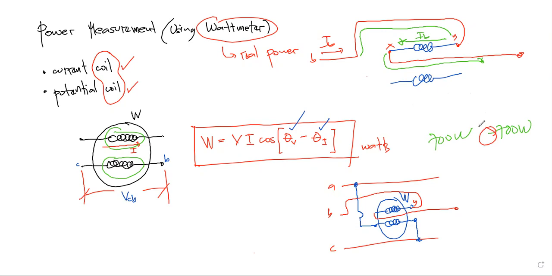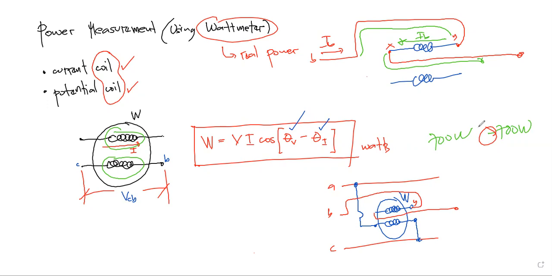Again, the wattmeter consists of two coils. The first one is the current coil, the second one is the potential coil. The current coil must be inserted in the line, whereas the potential coil will be connected across the source. It must be vectorial, so when the current coil is reversed, the wattmeter will indicate a negative reading.